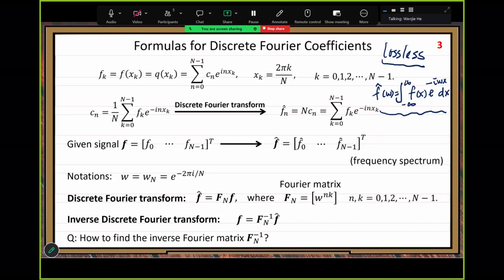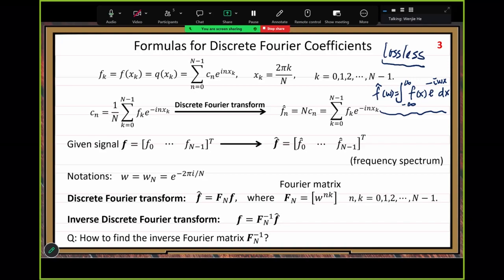Typically, when we convert our data from continuous form to discrete form, the integral operation and the summation operation correspond to each other.